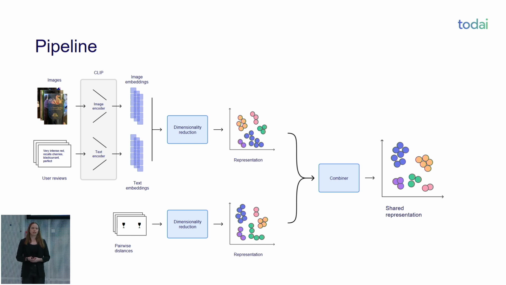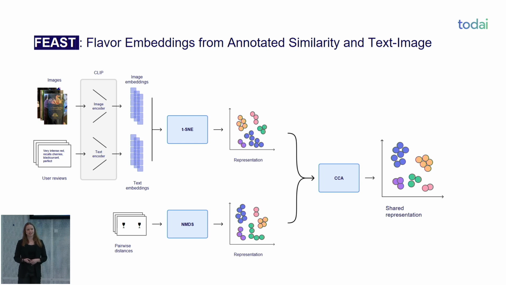When we were doing this, we tested out a bunch of different image encoders, text encoders, dimensionality reduction methods, combinations of modalities, as well as methods to combine the two spaces together. We introduced this method as an algorithm we call FEAST. FEAST stands for Flavor Embeddings from Annotated Similarity and Text Image.